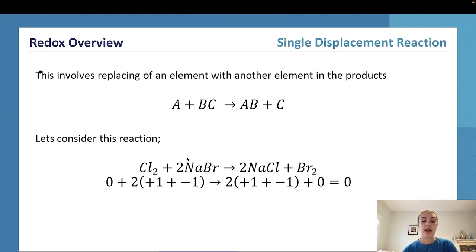So a really good example that we've got here is Cl2, so that's chlorine gas, plus 2 NaBr, so 2 sodium bromides, and then we've had a single displacement reaction which has resulted in the formation of 2 sodium chloride or NaCl molecules and bromine gas or Br2.